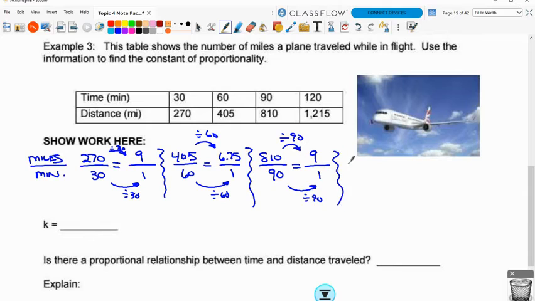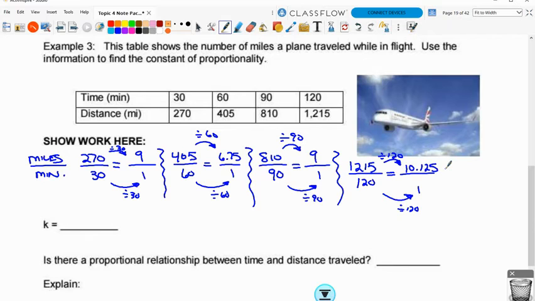And then finally, 1,215 miles in 120 minutes. Get your unit rate by dividing each number here by 120. 1215 divided by 120 is 10 125 thousandths.